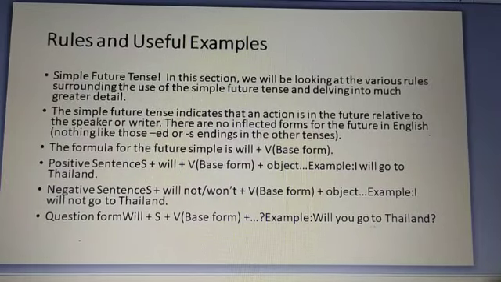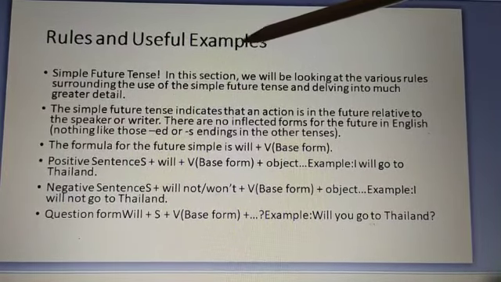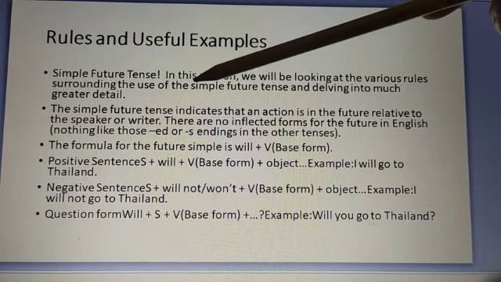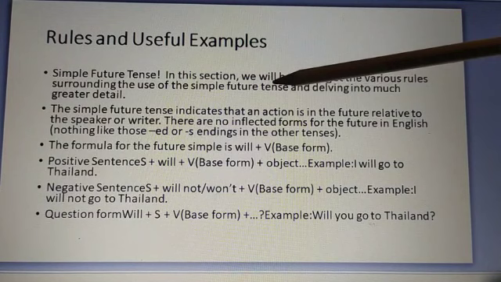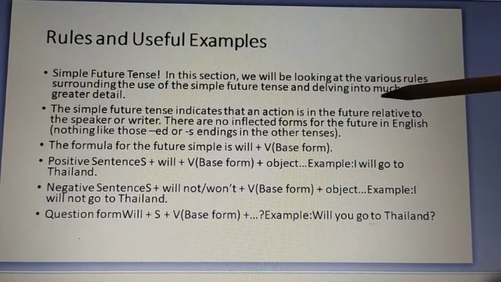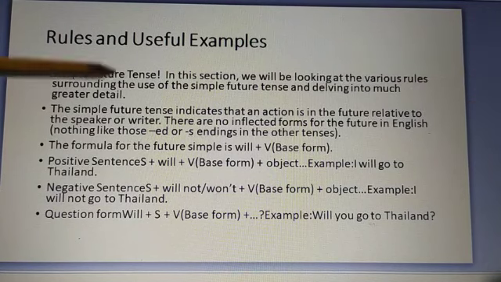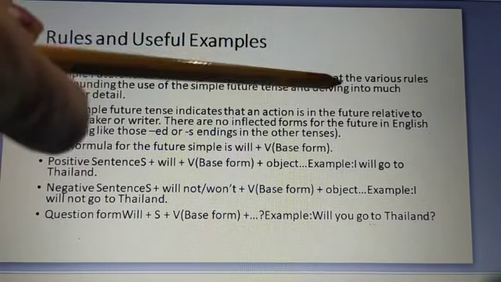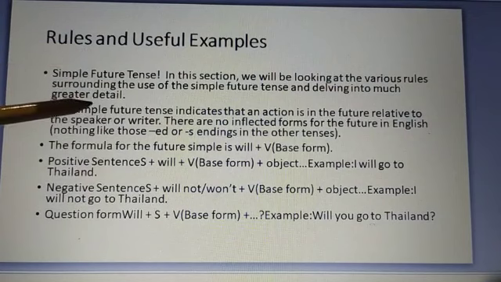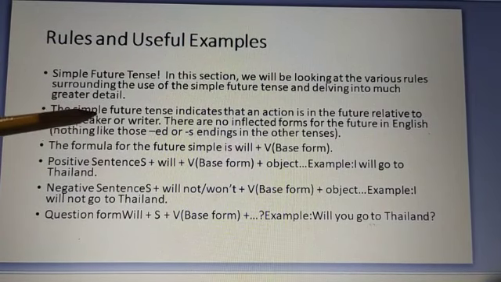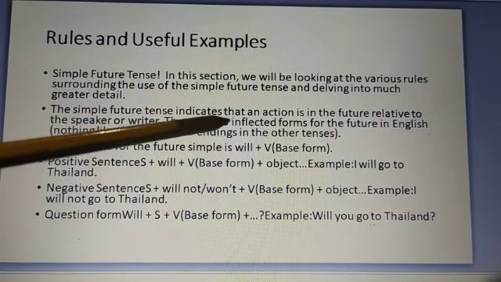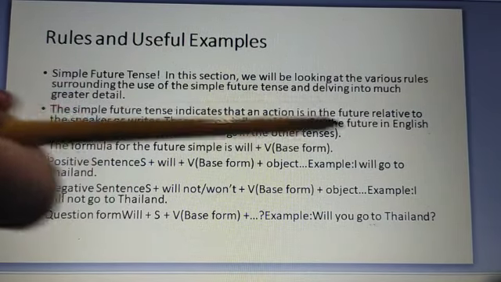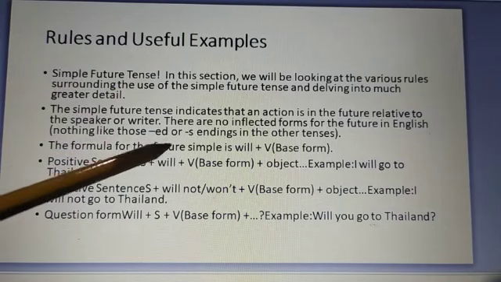Now, here you see, children, rules and useful examples of simple future tense. In this section, we will be looking at the various rules surrounding the use of the simple future tense and delving into greater detail. The simple future tense indicates that an action is in the future relative to the speaker or writer.